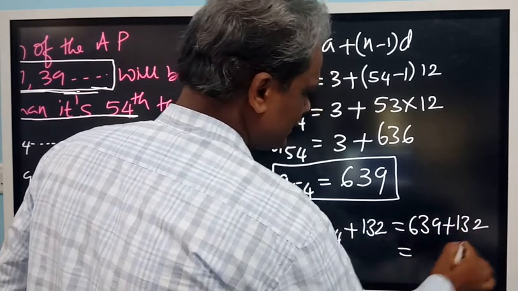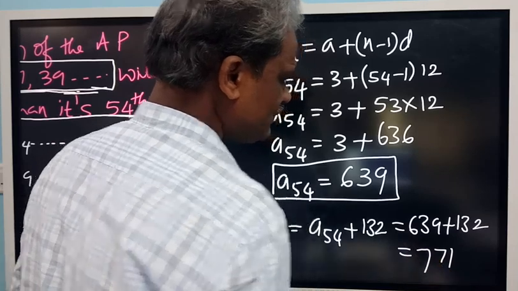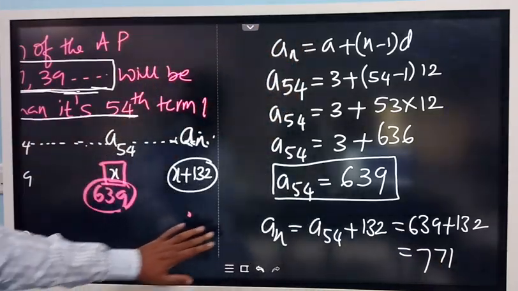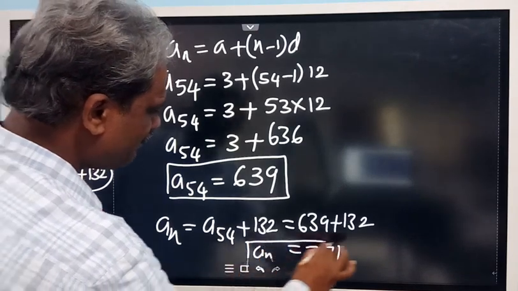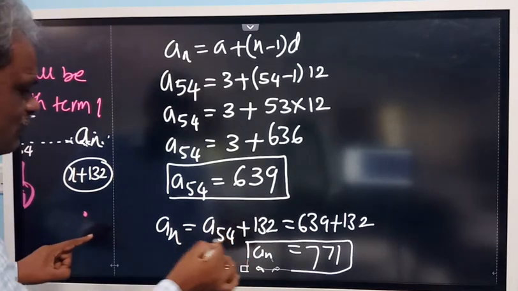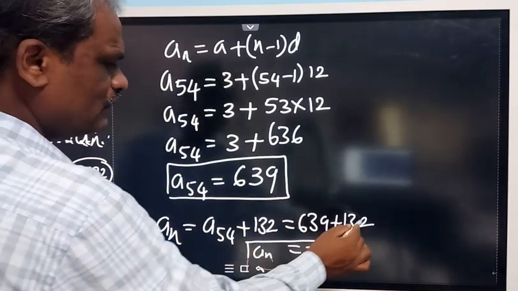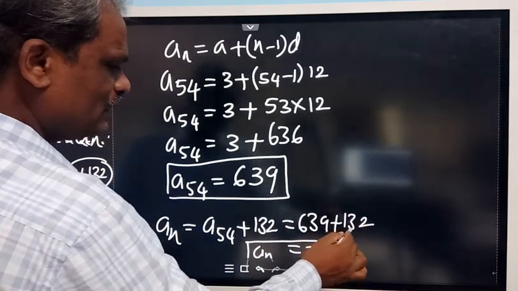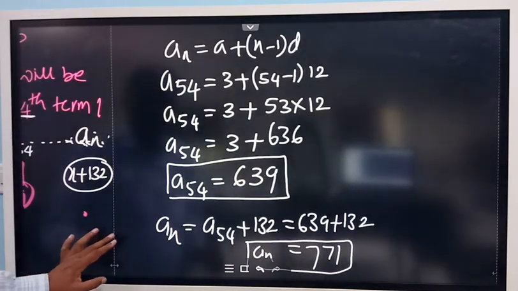What is the answer you will get? 9 plus 2 is 11, 3 plus 3 plus 1 is 7, 6 plus 1 is 7. So it is 771.